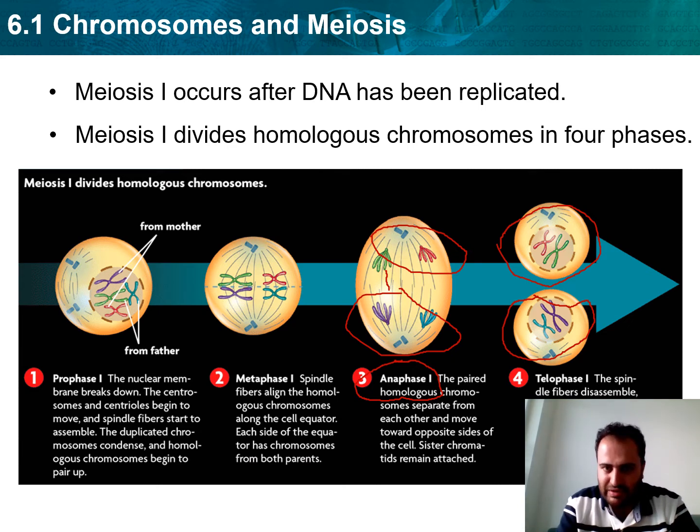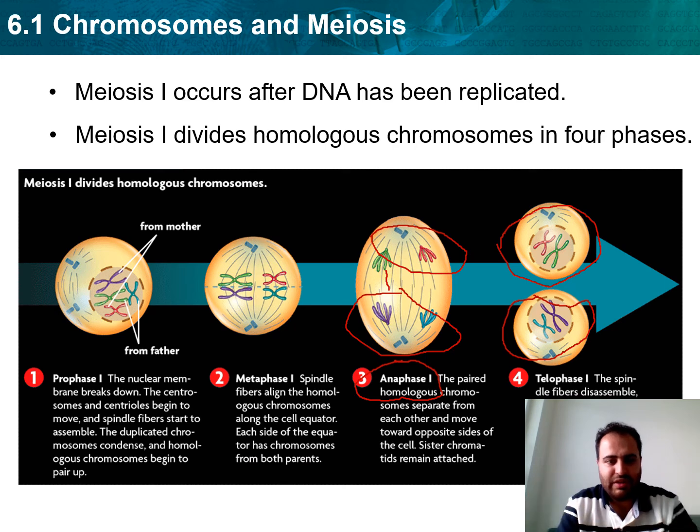So what is the probability of having 2 cells the same in different meiosis? It's maybe 0.000001%, which is not possible. So this is the first process that leads to genetic variation.